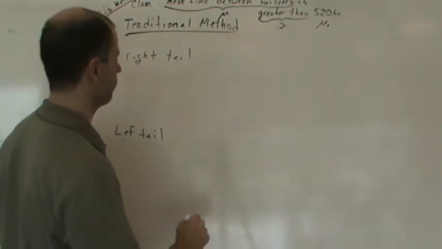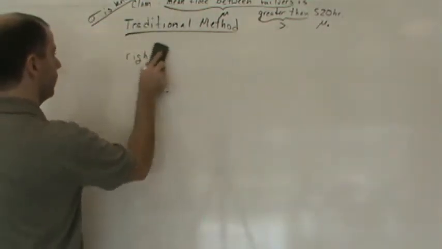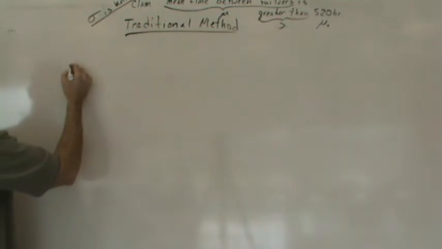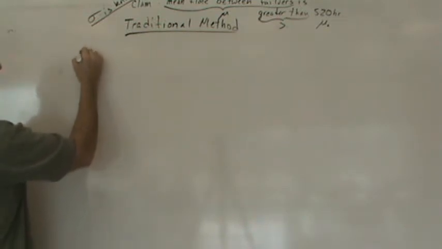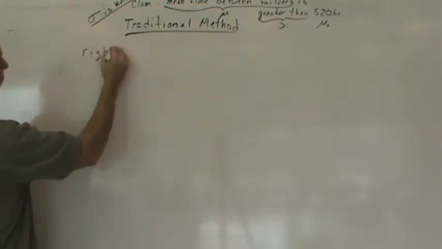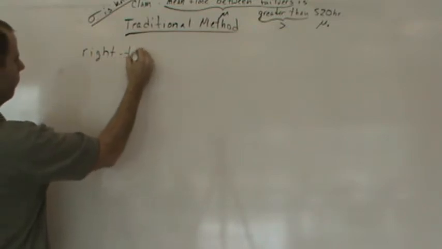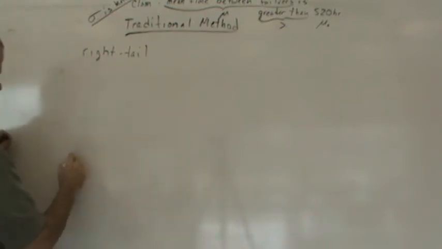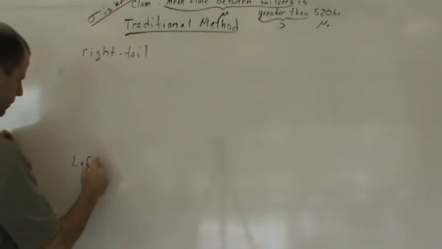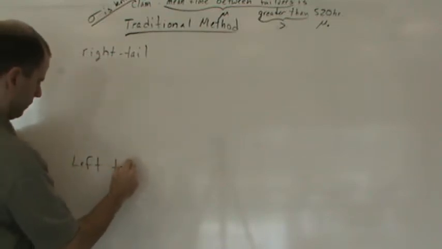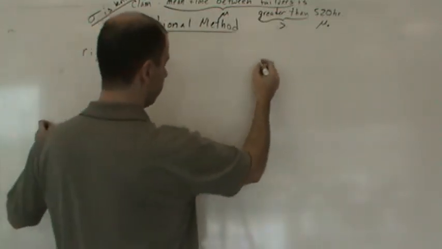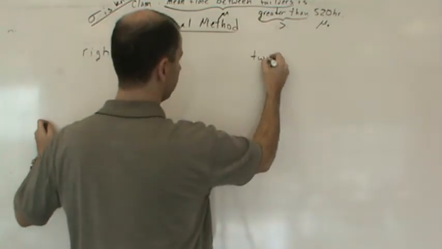Let me do it this way. So I'm going to start here. You probably won't be able to see it. I'll do right tail, and then I'll do left tail, and then I'll do the two-tail.